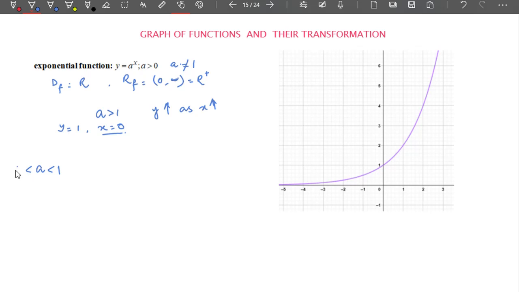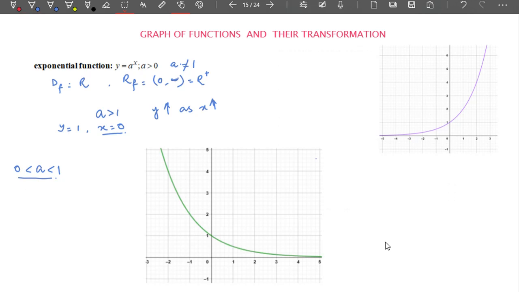Obviously it's greater than 0. This is the graph when a is less than 1. Actually this is y is equal to half to the power x. Here, as x increases, y decreases. This is a decreasing function.